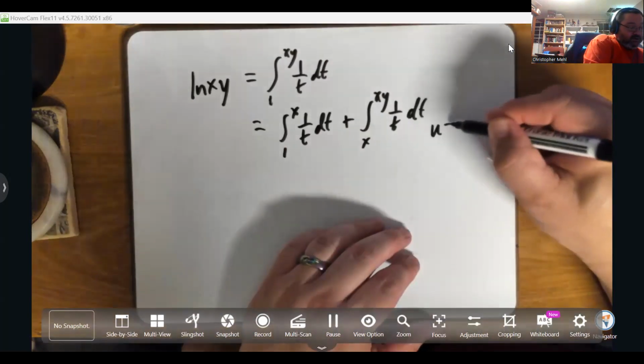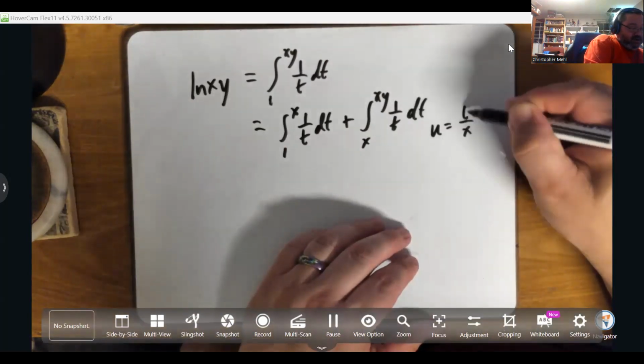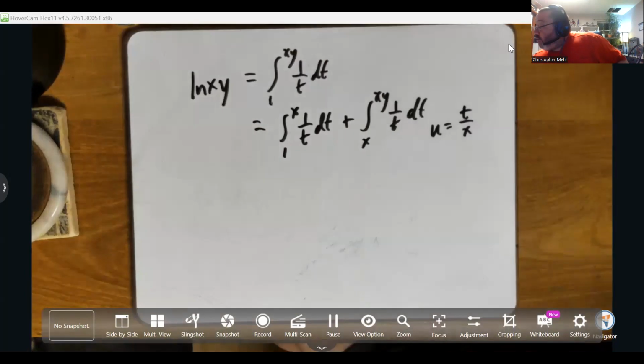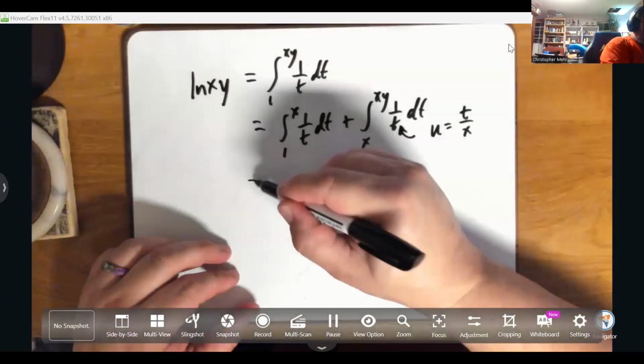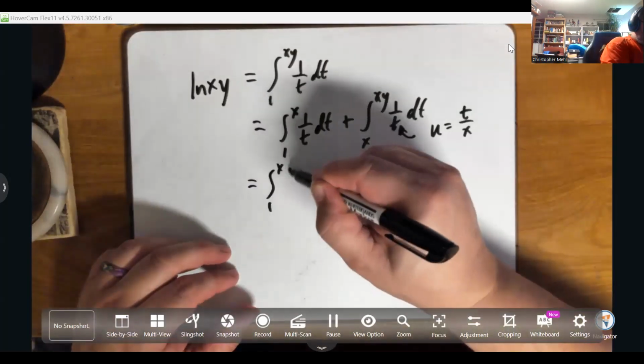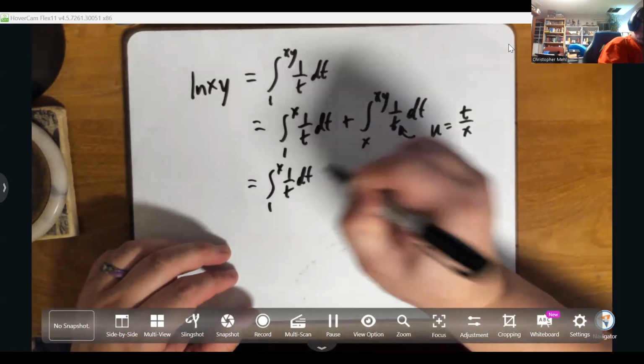We can do the u substitution, u equals t over x. Okay, and if I do the substitution u equals t over x in the second integral, that's going to give us the integral from 1 to x of 1 over t dt.